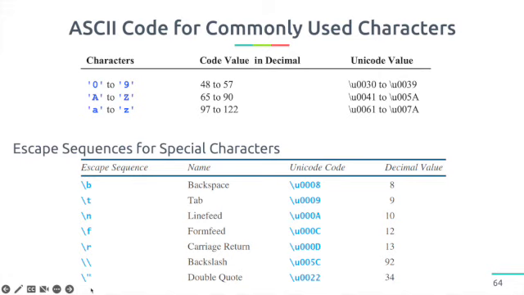And we have a couple of them here. \b is a backspace, \t is a tab, \n will give us a new line, \f is form feed, \r is carriage return, and double backslash will allow us to write a backslash. I've been saying forward slash and I mean backslash. And backslash quotation marks will allow us to print the quotation mark on the screen.